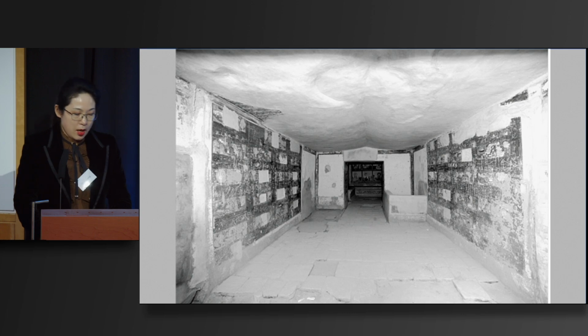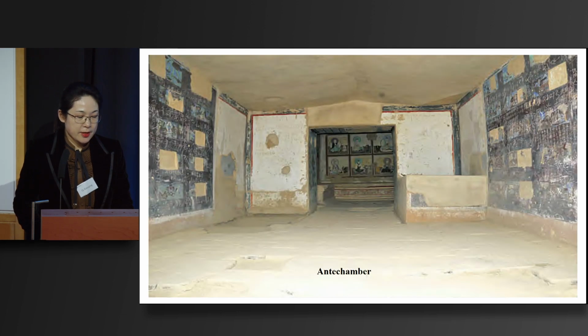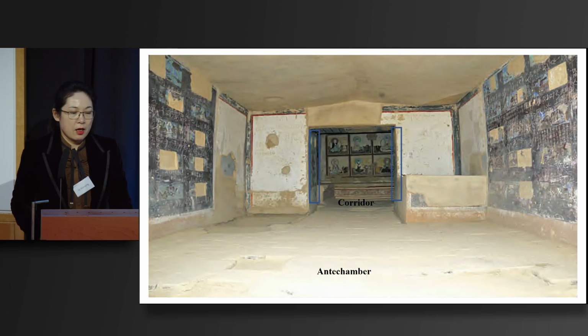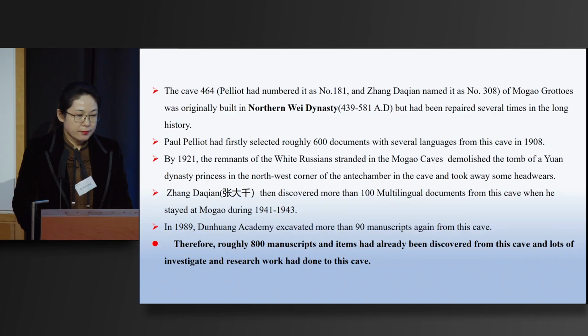Let's check Cave 464. This is the sign of this cave, and this area is the antechamber, and here are paintings on the corridor area, and I will also discuss the paintings in the main chamber in this area.